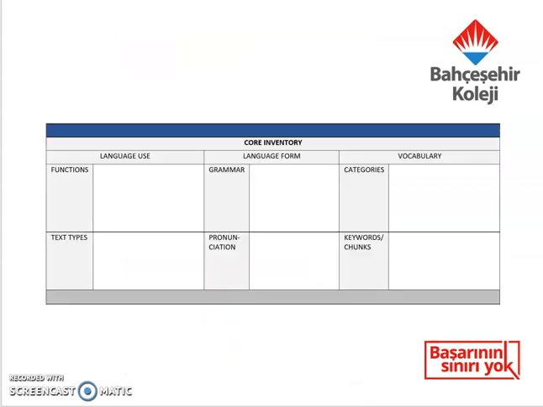The next step is aligning each unit with a portion of the Bachishir College Core Inventory. This inventory of language functions, grammar, vocabulary, and more is produced by referencing the English Profile and Equals Core Inventory. When aligning, we want to make sure that the language forms we are teaching, whether implicitly or explicitly, match up with the level in which they are being taught, and that we do not miss any or move to any more complex forms without covering a prerequisite language form first.